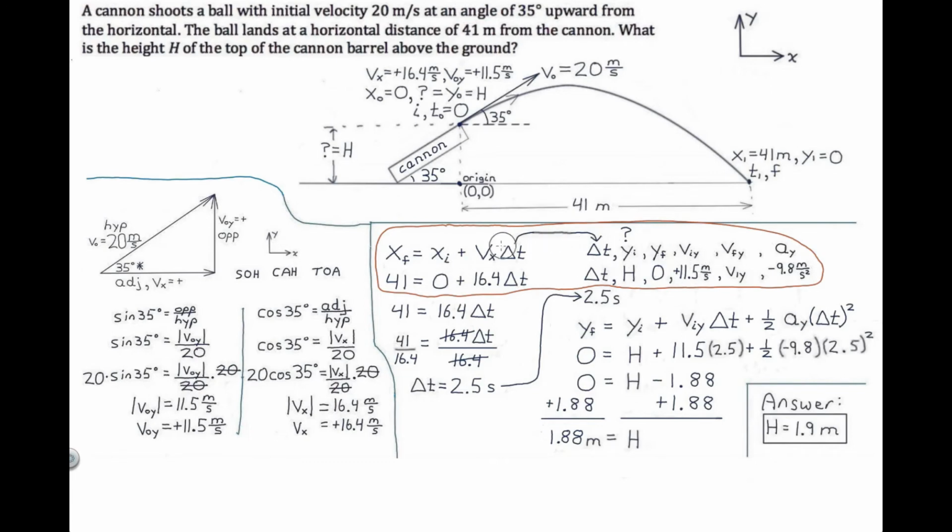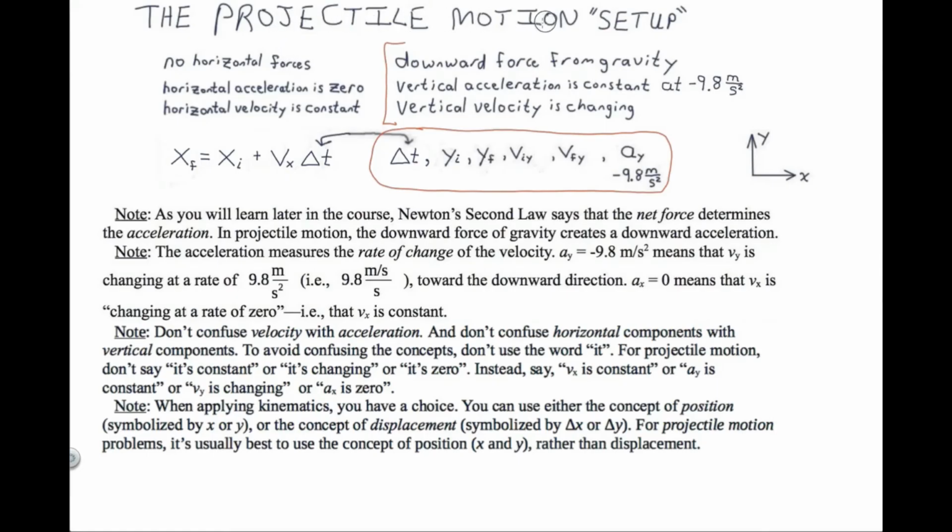The purpose of this setup is to organize the kinematics data. In projectile motion, the downward force of gravity creates a constant downward acceleration with magnitude 9.8 meters per second squared. This downward acceleration causes the object's vertical velocity to change at a rate of 9.8 meters per second squared.